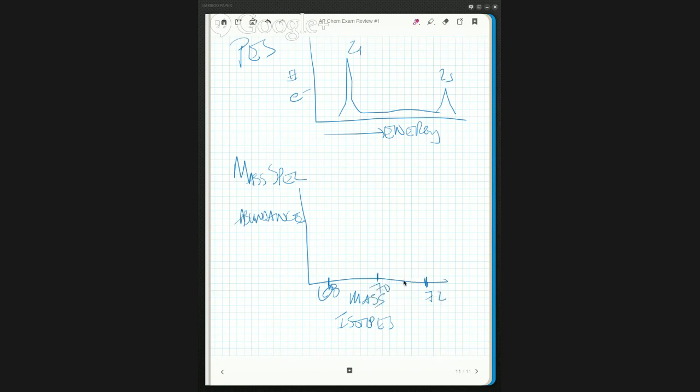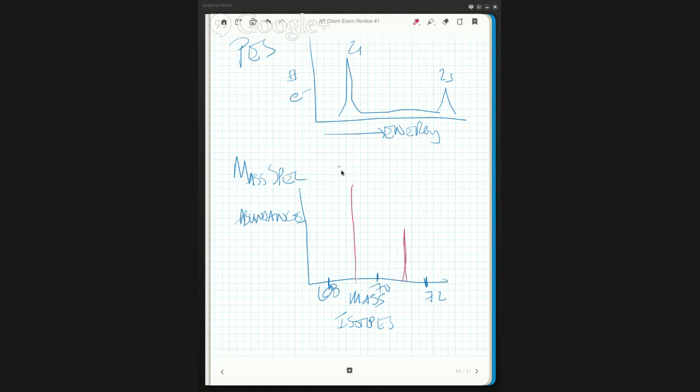We're going to have a line right here that goes up about this high. And then we're going to have a line here that goes up a little bit higher. And again, it's too bad that I cannot draw. There we go. Okay.